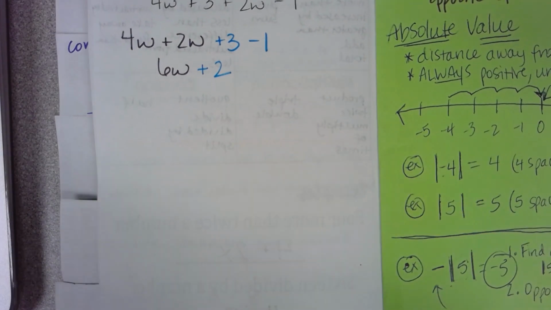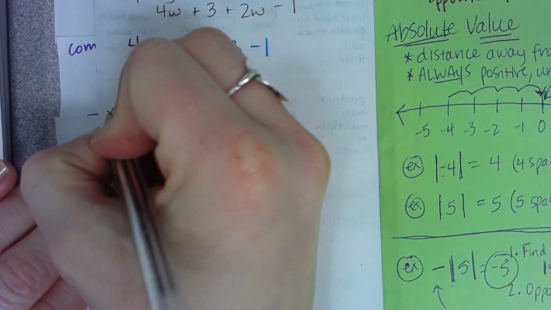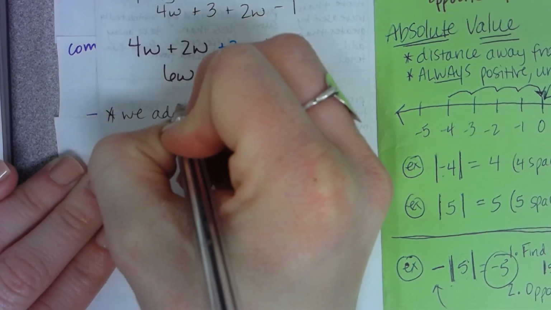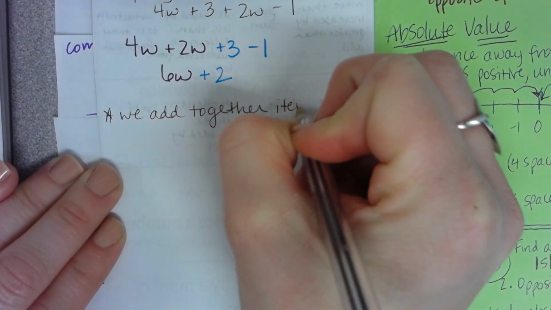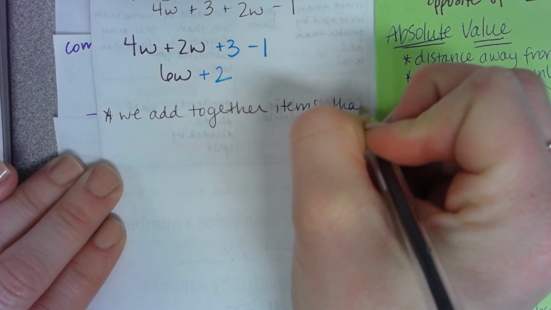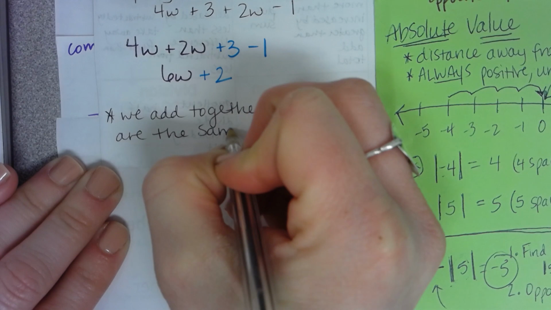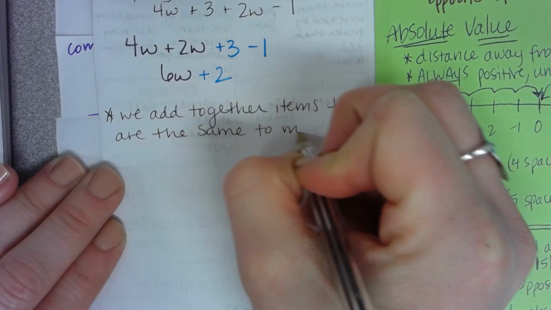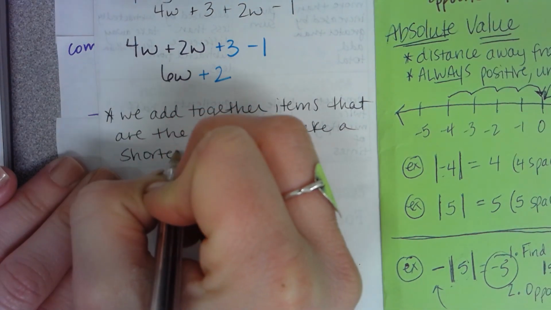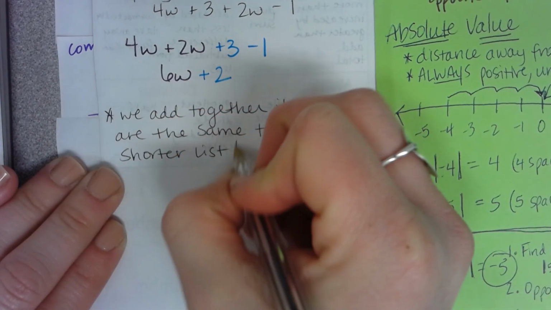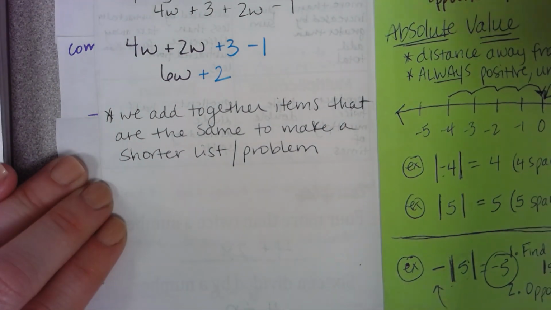So combining like terms, we add together items that are the same to make a shorter list or a problem. Okay, think about it this way.